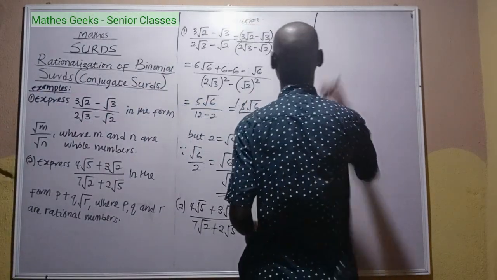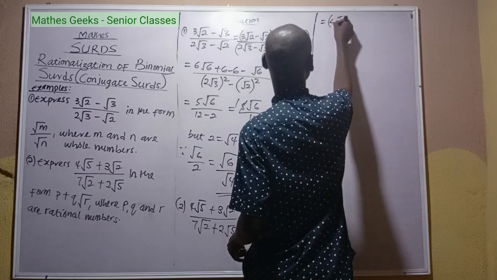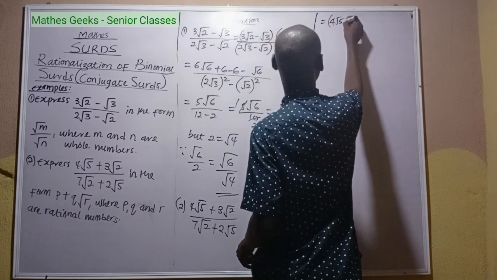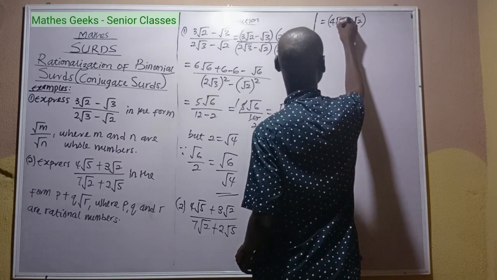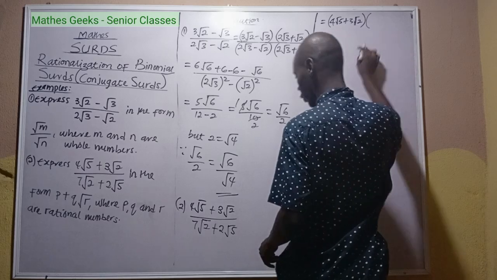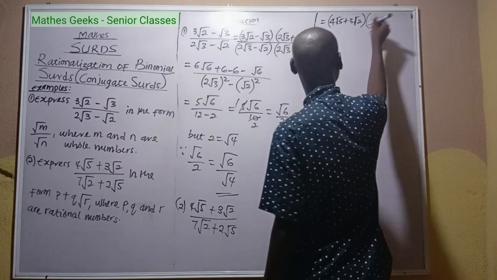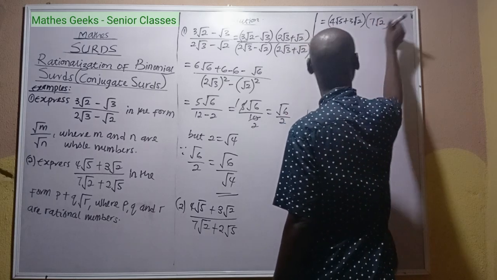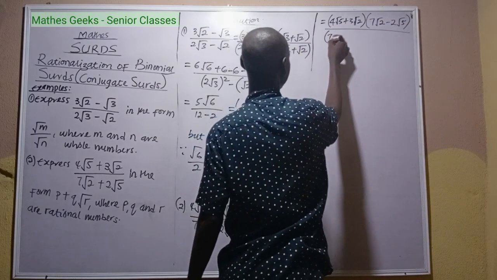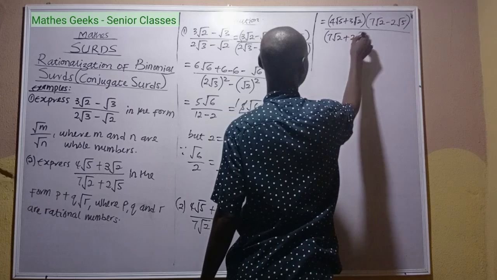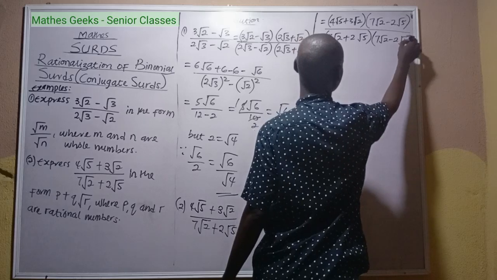So this will equal 4 root 5 plus 2 root 2, multiplied by the conjugate of the denominator, 7 root 2 minus 2 root 5, over 7 root 2 plus 2 root 5 times 7 root 2 minus 2 root 5.